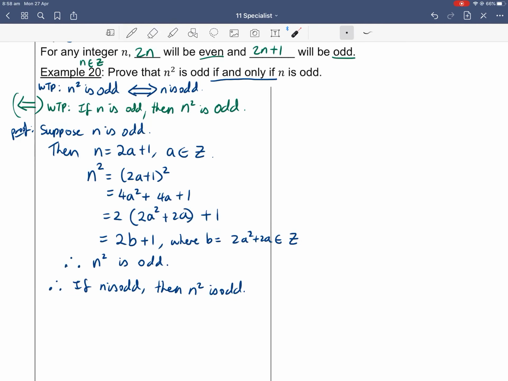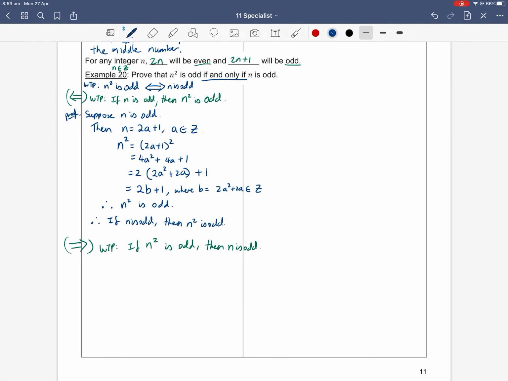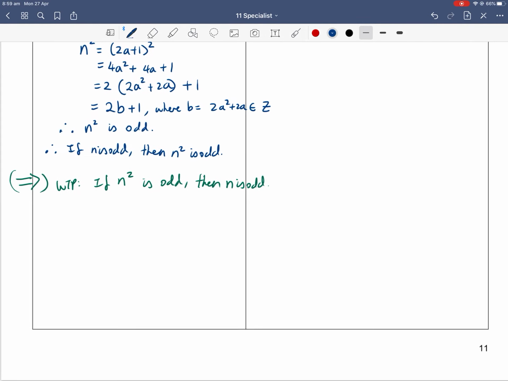Now, we need to show the other way, which is a little bit trickier, but it's not impossible. We want to show that if n squared is odd, then n is odd. So let's show the forward statement: we want to prove that if n squared is odd, then n is odd. So that's our goal for part 2, because we need to show if and only if.